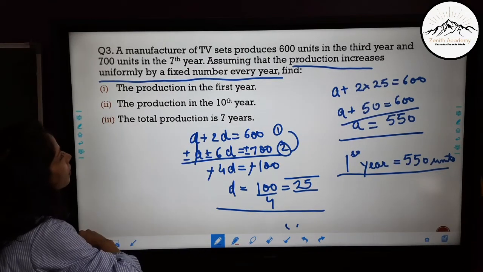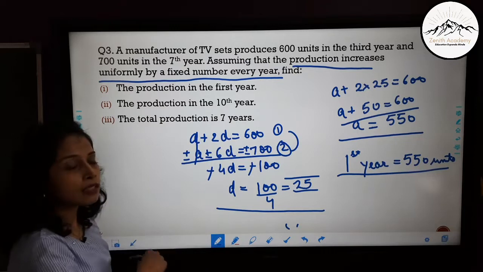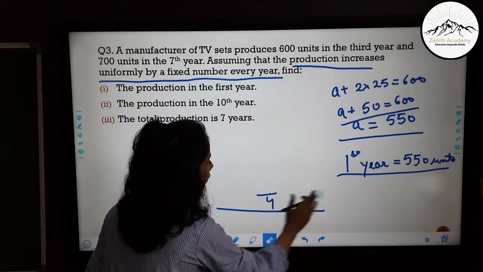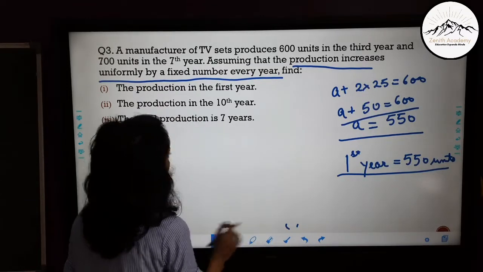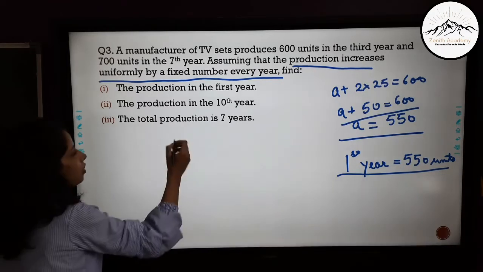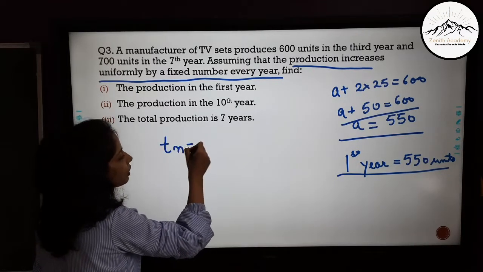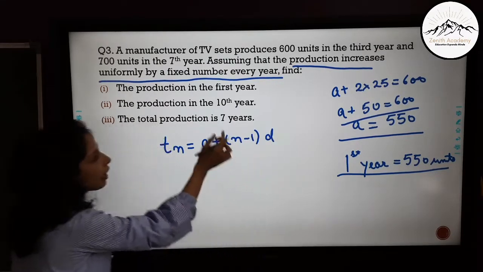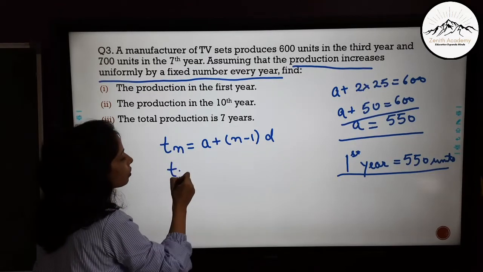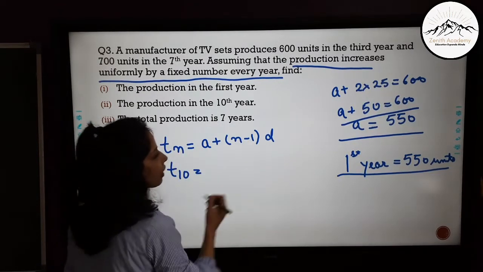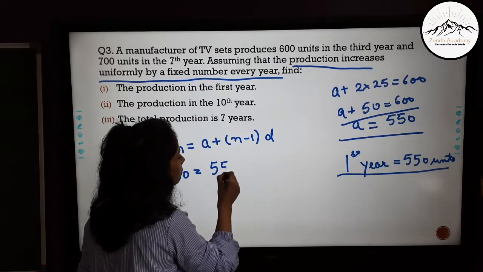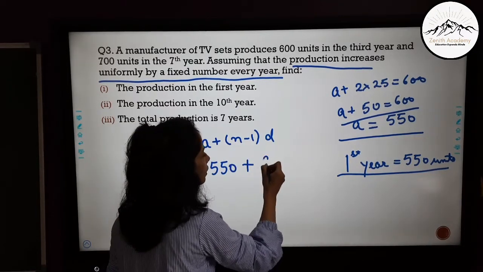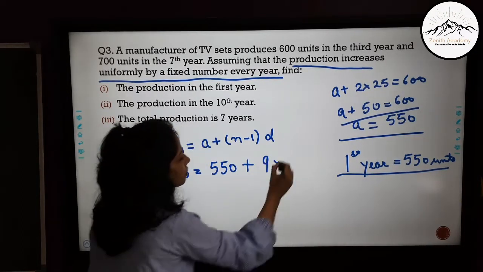Our second part says the production in the 10th year. Now we know A, we know D. We can find the 10th year production. It's easy. We know Tn is equal to A plus (n minus 1) into D. N is 10. So 10th year production is A, which we know as 550, plus 10 minus 1, which gives us 9, into D, which is 25.